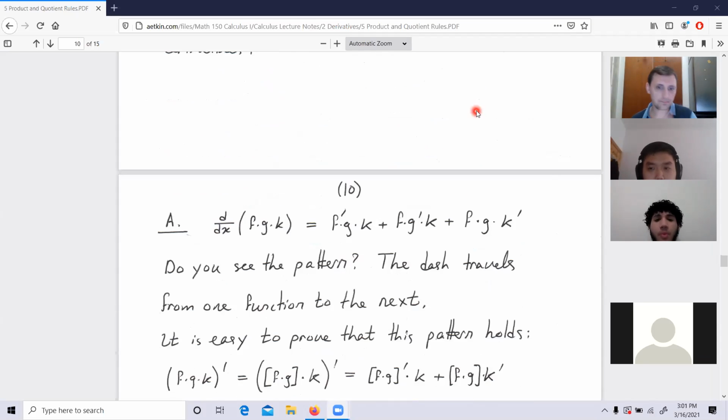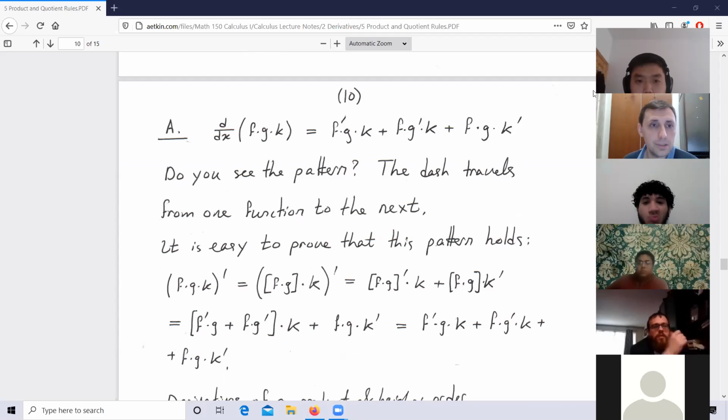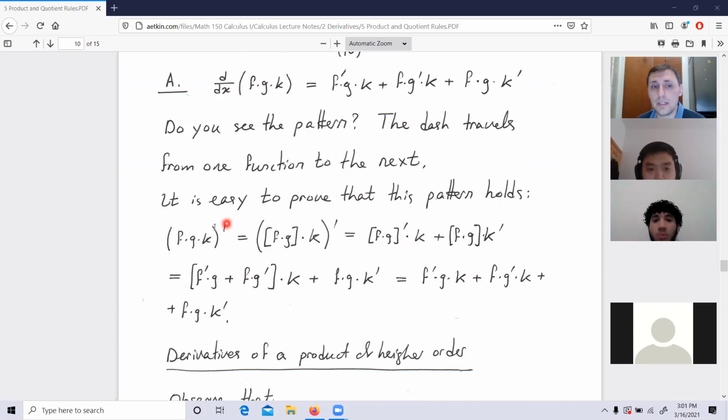Well, you can establish it very easily once you know the pattern for pairs. If you see the pattern for pairs, you can establish it. So we establish it like this, guys. The derivative of f times g times k is the derivative of the function in the square boxes times the second, which according to the pair-wise product rule is the derivative of the box function of the first function times the second intact plus the first function intact times the derivative of the second.